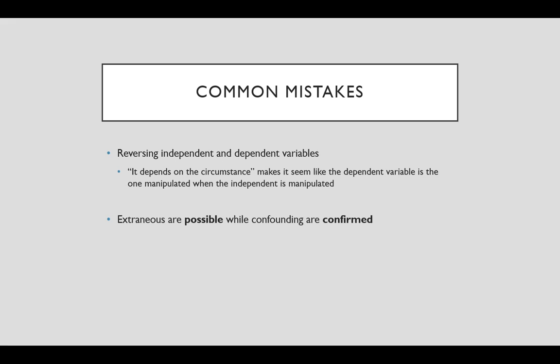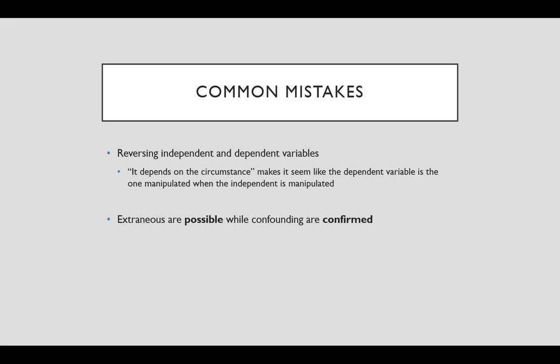Some common mistakes that are made are reversing the idea of the independent and dependent variables. You've probably heard the phrase, it depends on the circumstance, it depends on this, depends on that. That makes it seem to some people like the dependent variable is the one manipulated, when in actuality the independent is the one we are manipulating.